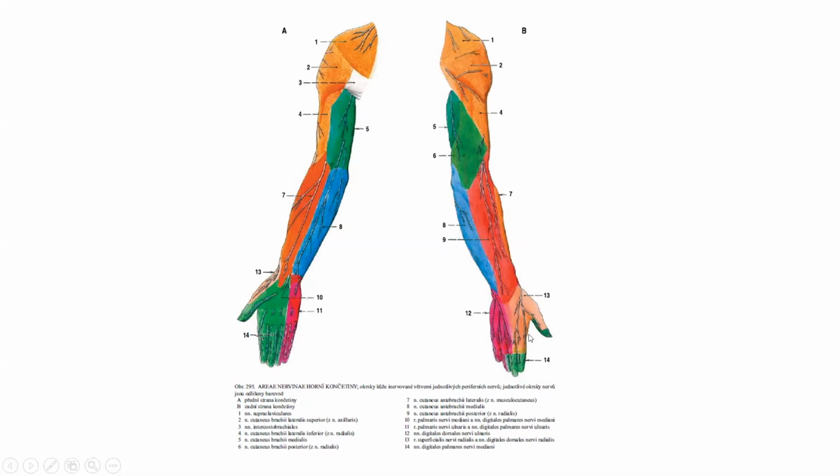After that, we have half and half: 2.5 fingers on the lateral side by the radial nerve, and 2.5 fingers by the ulnar. Here on the palmar side, 1.5 fingers by the ulnar nerve and 3.5 fingers by the median nerve. So this is a very important picture that every student must know, about the nerve supply of the upper limb and the sensory innervation of the skin of the upper limb.